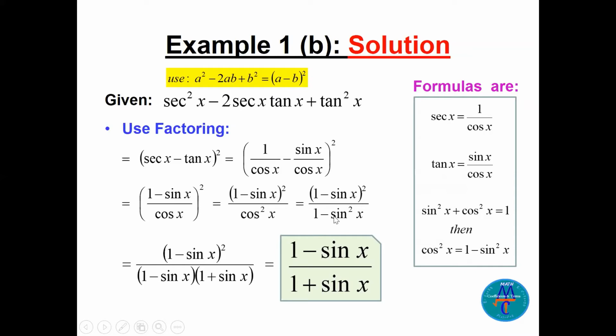Now cosine squared is 1 minus sine squared from the formula. Then I can factor the denominator, a minus b, a plus b. Then I will cancel 1 minus sine x. So the answer is 1 minus sine of x divided by 1 plus sine of x.